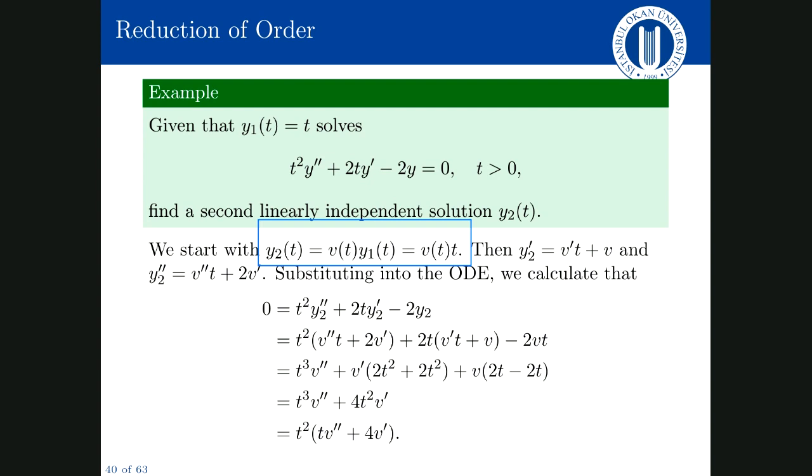We say this again. If I give you a reduction of order question in the final exam, you will want to start with y2 is equal to v multiplied by y1. For this example, y1 is equal to t, so we're going to start with v of t multiplied by t.